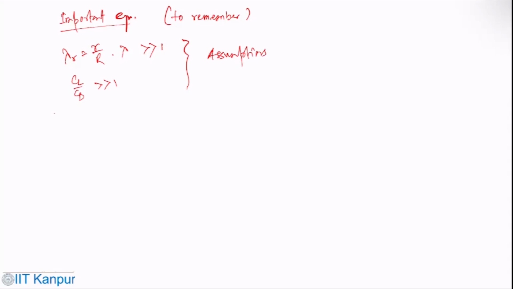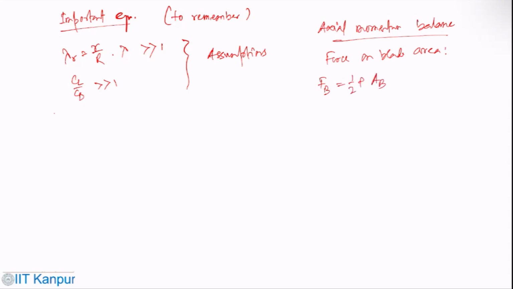Now from axial momentum balance, force on blade area, dF equals half rho dA lambda r, which is essentially W square.